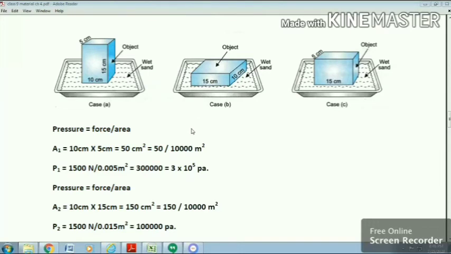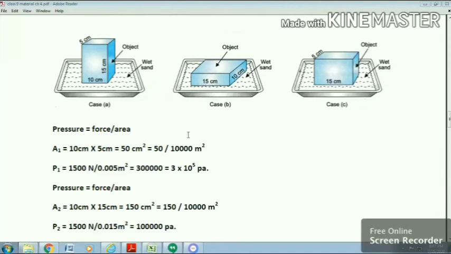In the first case, where the area of contact is 10 into 5 centimeter, the pressure is 3 into 10 to the power 5 Pascal. In the second case, where the area of contact is 10 into 15 centimeter, more area of contact, hence less pressure, 10 to the power 5 Pascal. So these are the ways to increase and decrease the pressure.